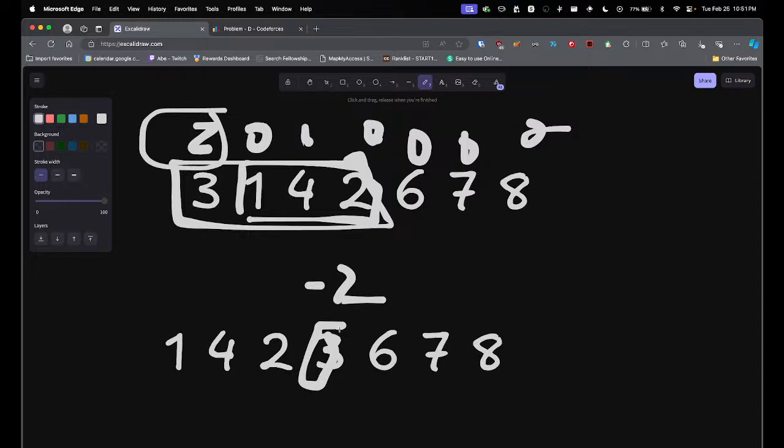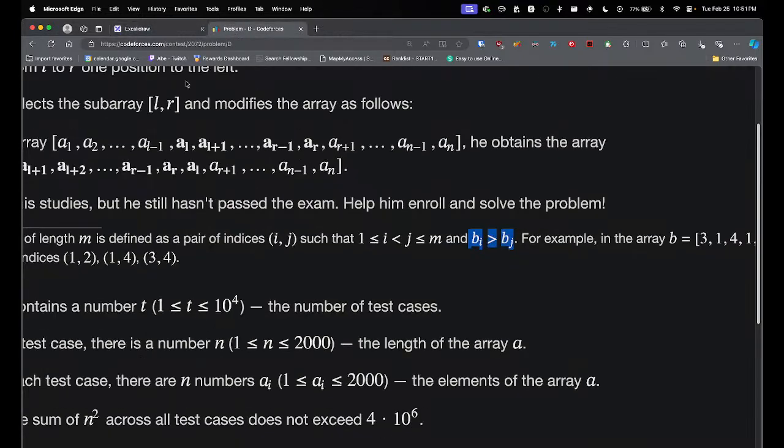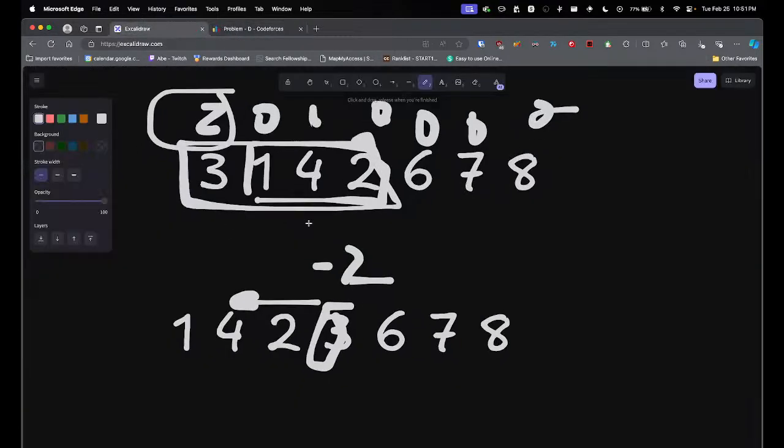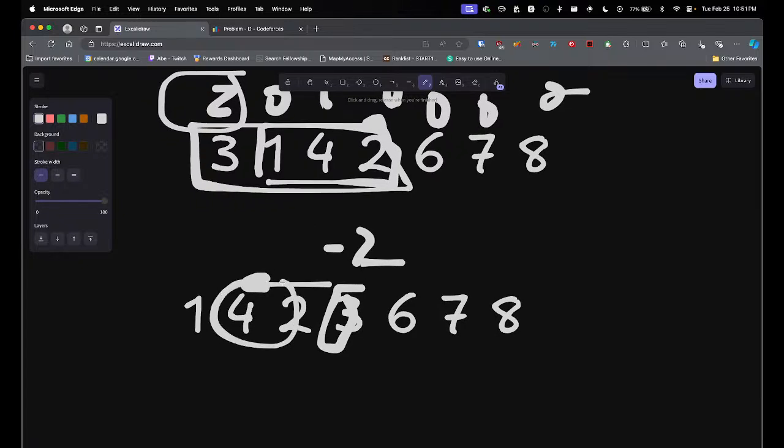That's fine. Now I also need to check behind, how many numbers are greater than me, right? Because now some things can be greater than me. For the numbers greater than me, I also get the count.